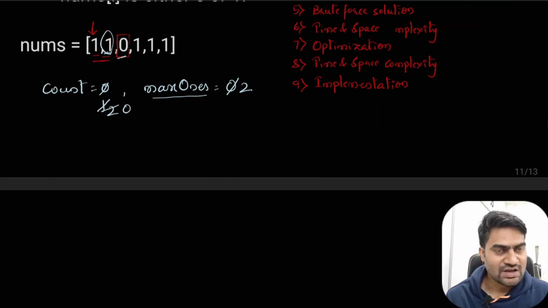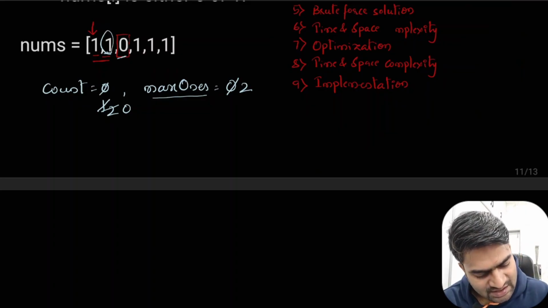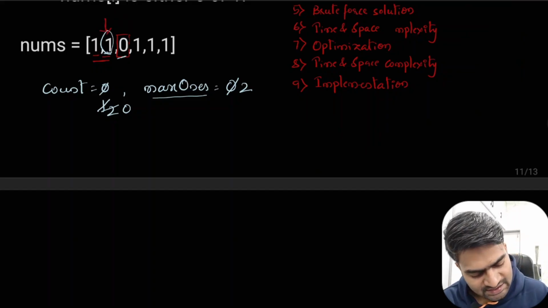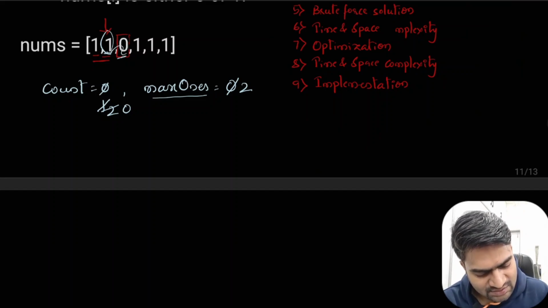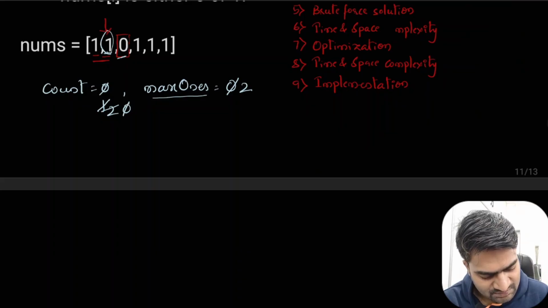Now the first iteration is done. Again I move to the next value. My counter is 0 now, so I try to count. I have 1, so my counter becomes 1. Then I move to the next value, it is 0.